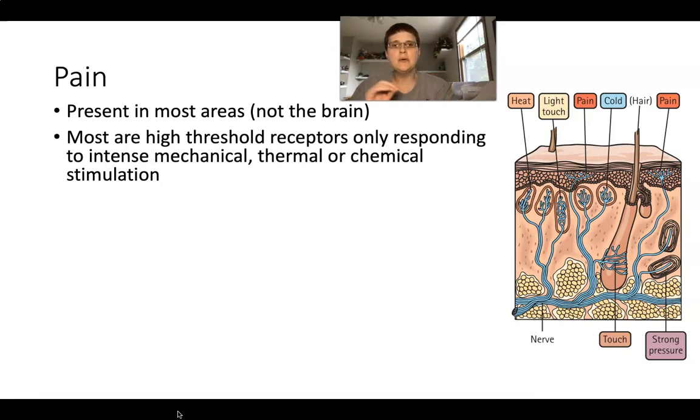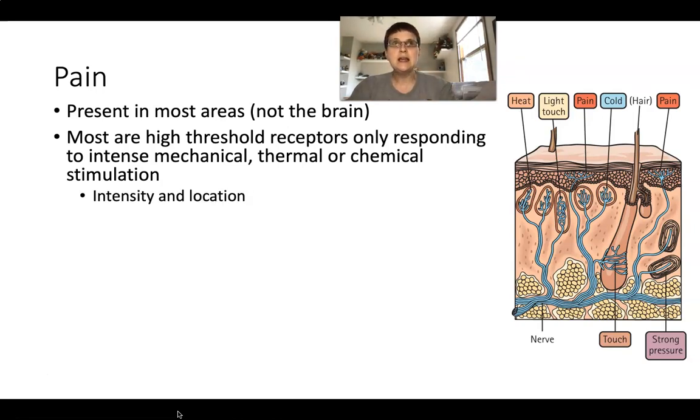So these will go into action if you have enough pressure in the case of mechanical, thermal, so if the temperature is high enough, so you go past those warm temperature receptors, above 113 degrees Fahrenheit, or chemical stimulation, meaning that you have exposed the skin to some sort of chemical that is doing damage to your skin or other organ, whatever it might be.